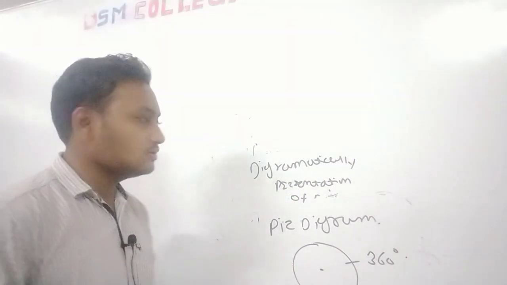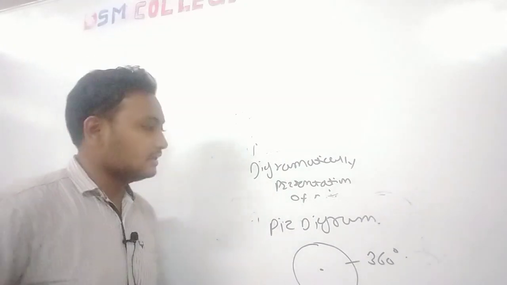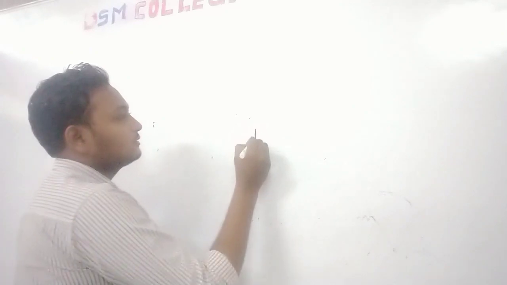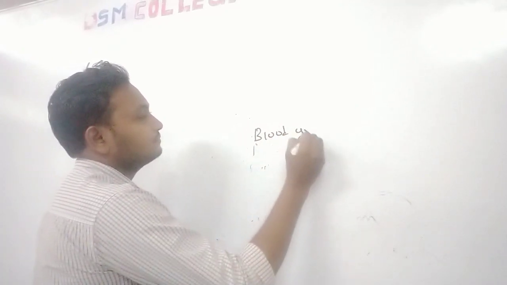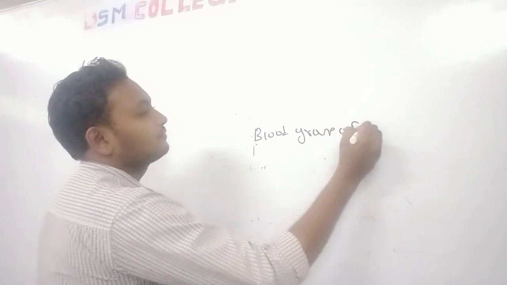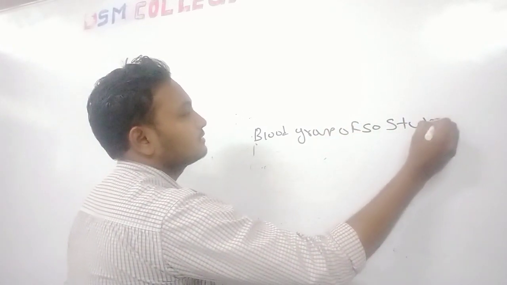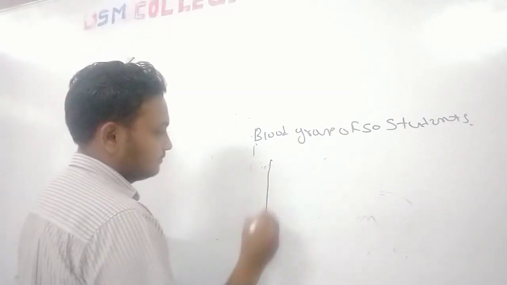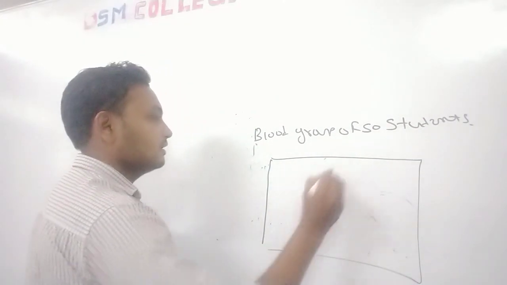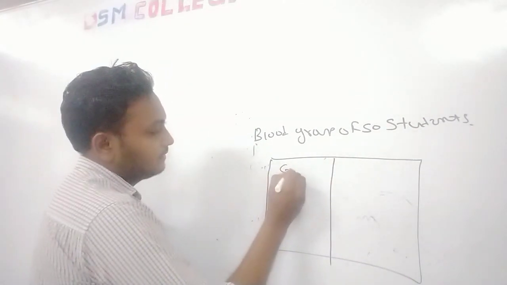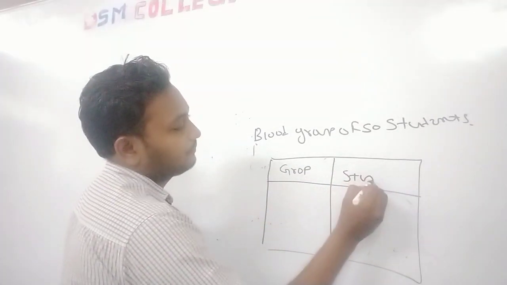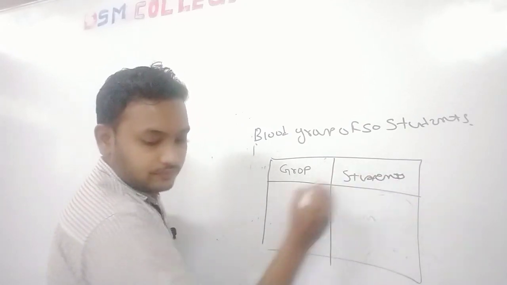Suppose, for your understanding, we take one example: the blood group of 50 students. In the first column is the blood group and the second is the number of students.